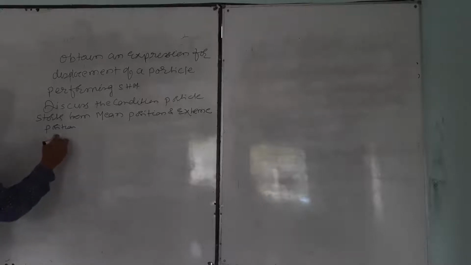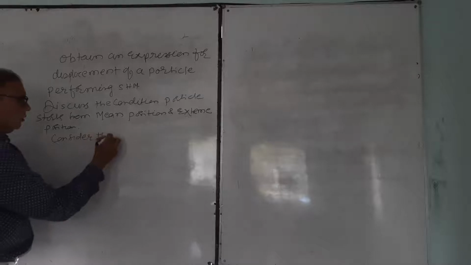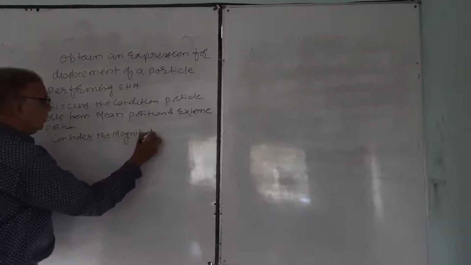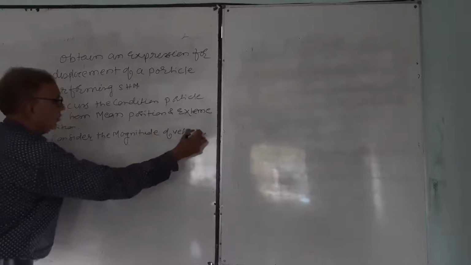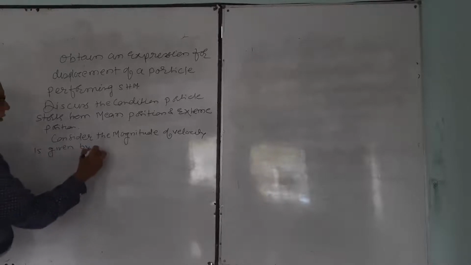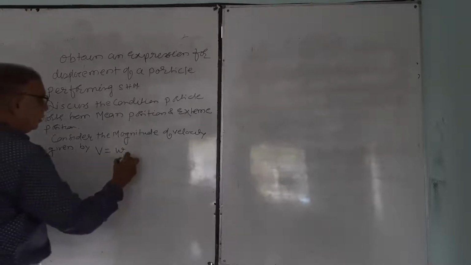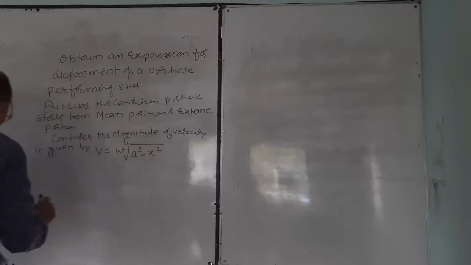Consider the magnitude of velocity, which is given by v is equal to omega under root of a square minus x square.